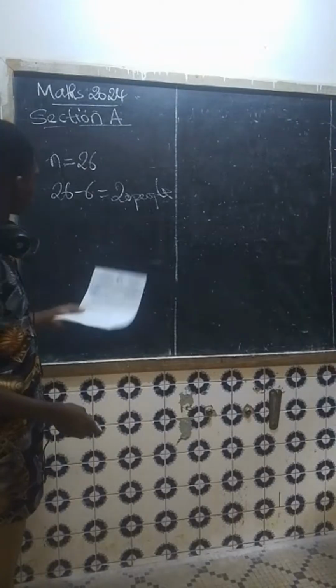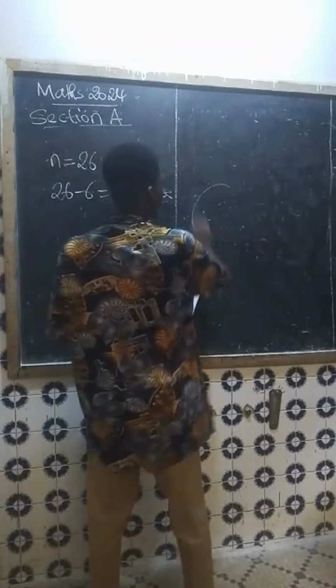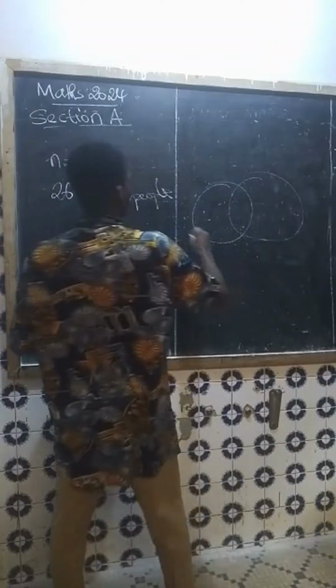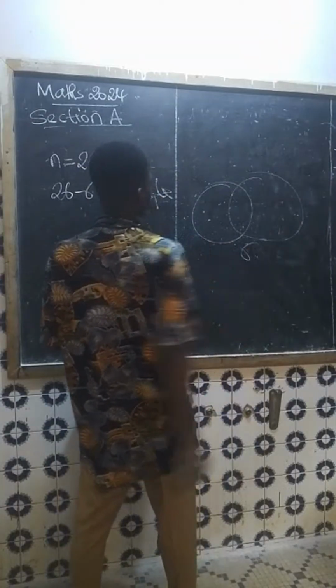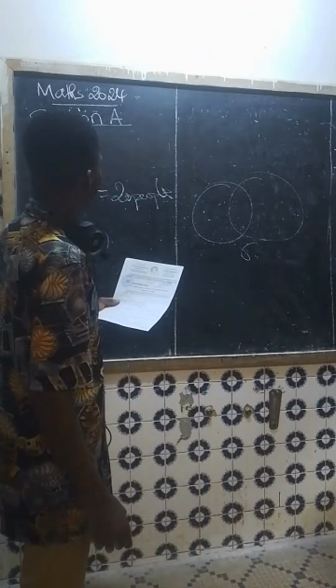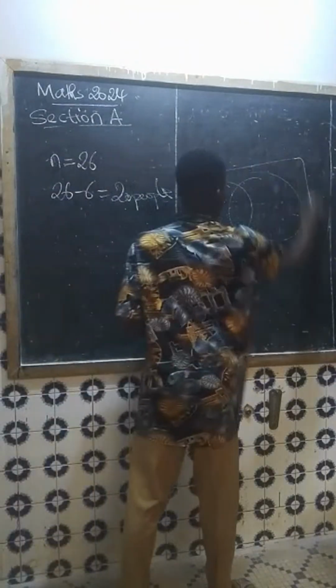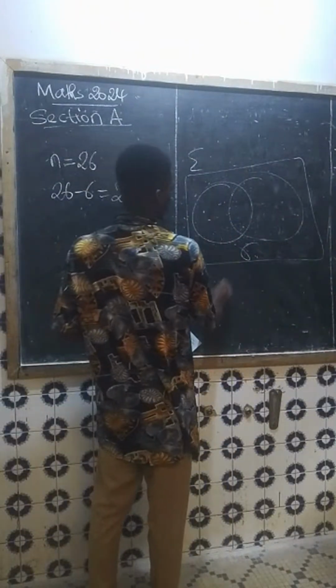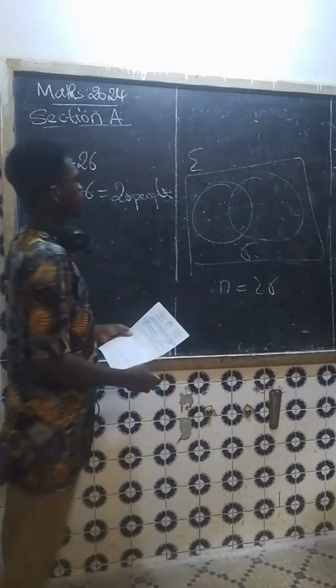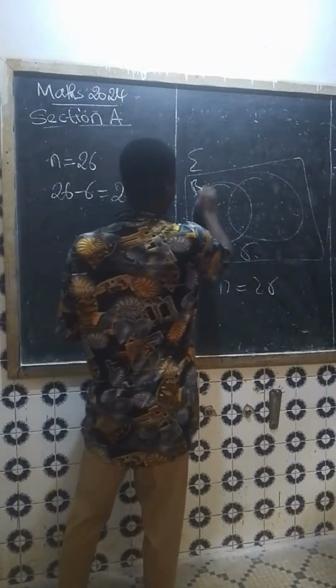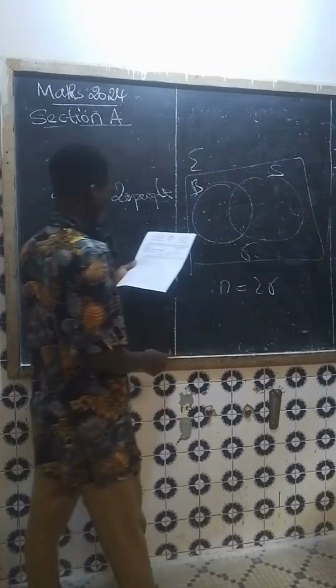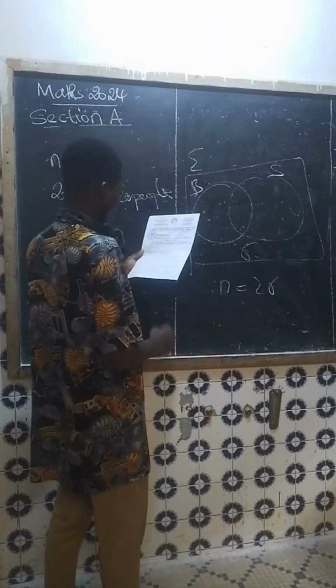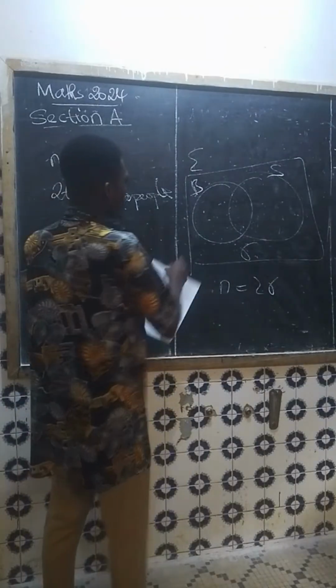Okay, now let me explain with this one. 6 is already here. Now, okay, so this is brothers, this is sisters. 13 people have brothers. Will I put 13 here?